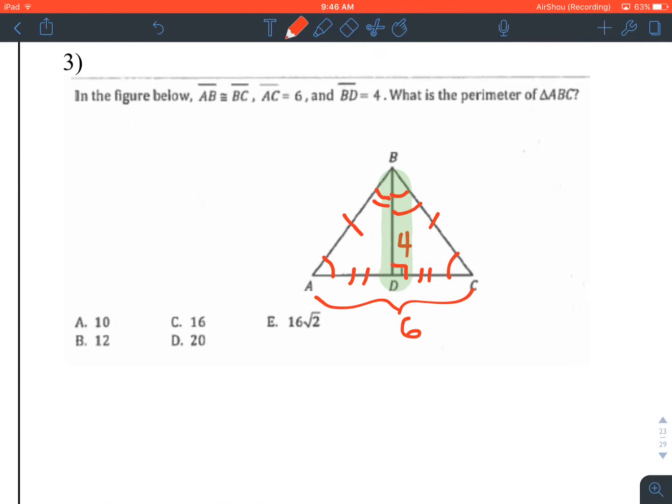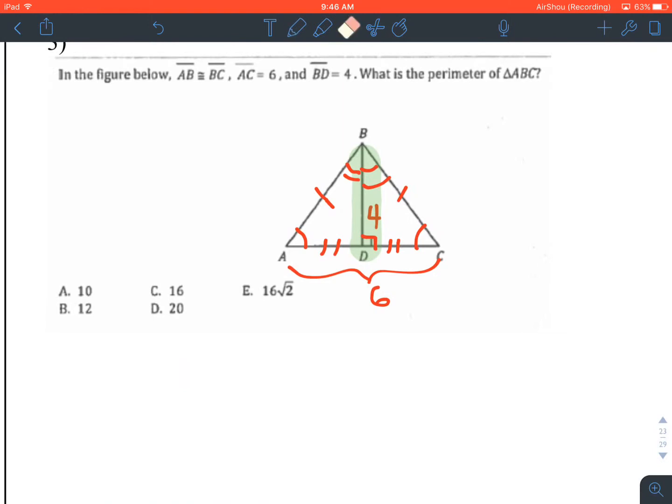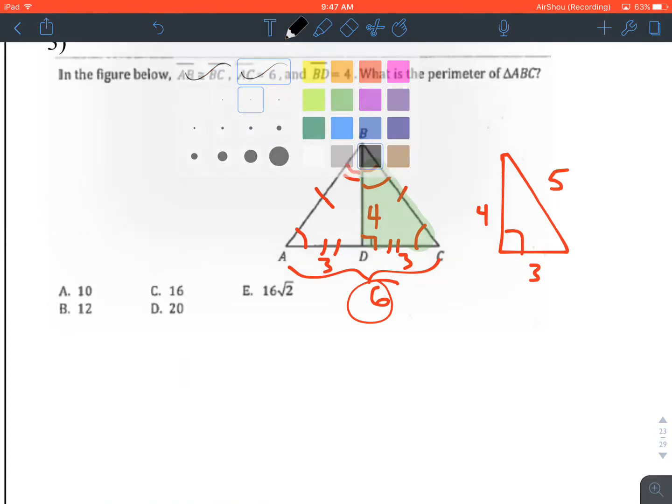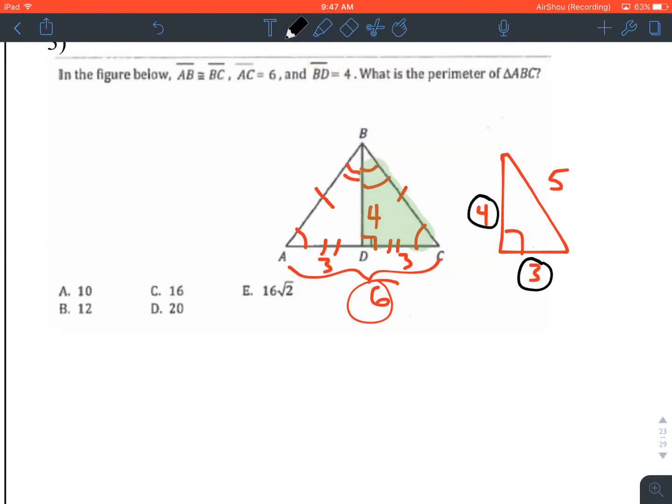So what that means is this triangle that we see right here, I'm just going to redraw it. 4. If this whole bottom side is 6, then that means each half of those have to be 3. So this is 3 here and 3 here. Well, without doing much work, this is a 3, 4, 5 right triangle. Pythagorean triple. If you don't remember that, use the Pythagorean theorem, and you would take 3 squared, which is 9, plus 4 squared, which is 16.